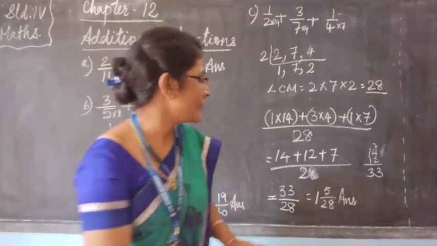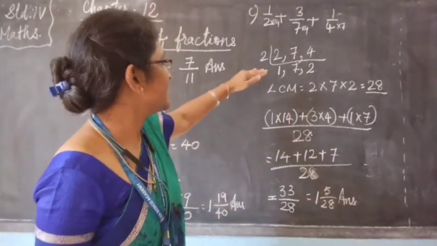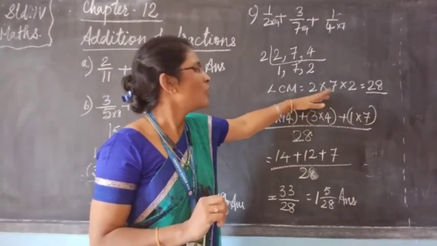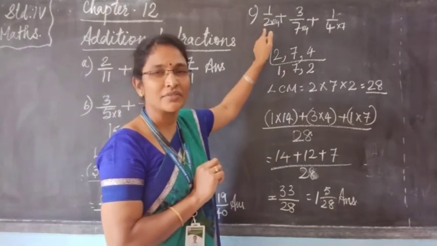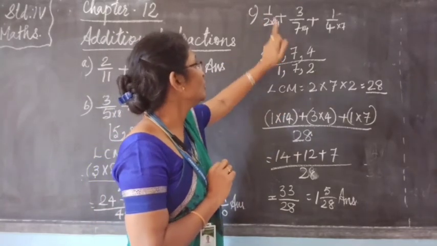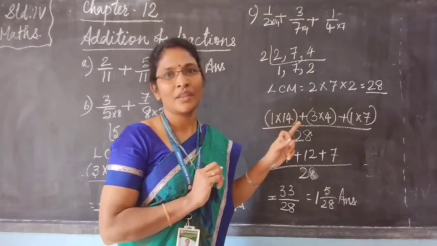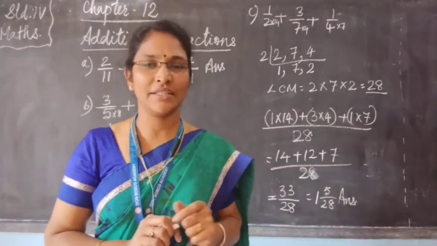Okay, if anyone is finding it difficult to do in this method, you can use what we have learned up to here over many days. What we can do is find equivalent fractions for 1 by 2 and 3 by 7 and 1 by 4, having the LCM as the denominator.